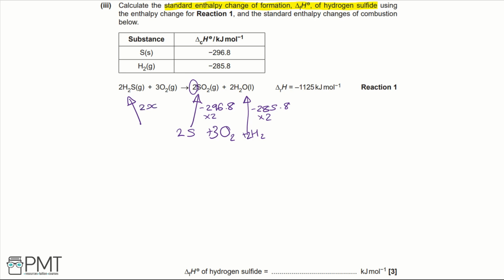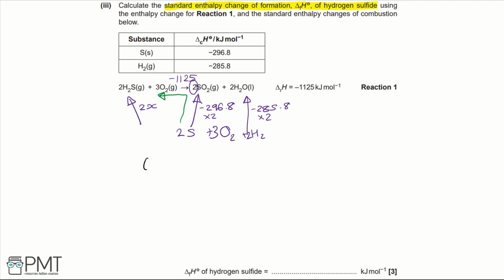And then we can also label minus 1125 as the enthalpy change of reaction. So then working out the enthalpy change of formation, we need to go this way around our Hess's triangle, as I've indicated with this green arrow.